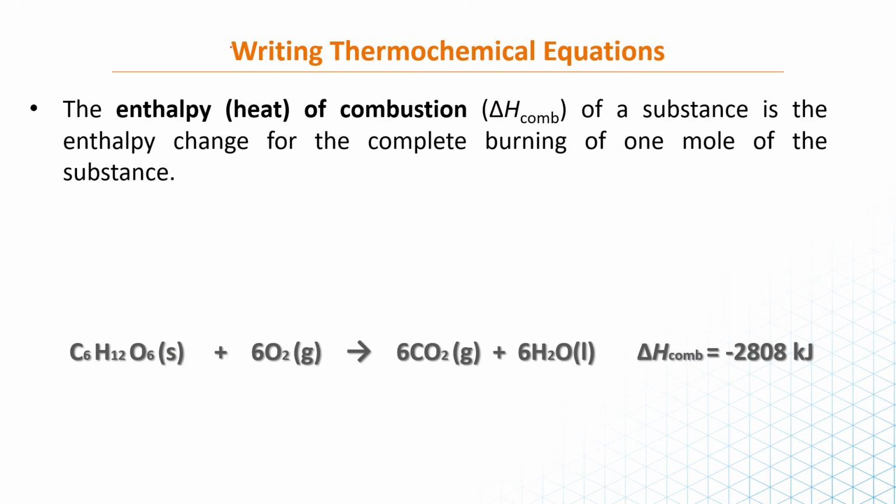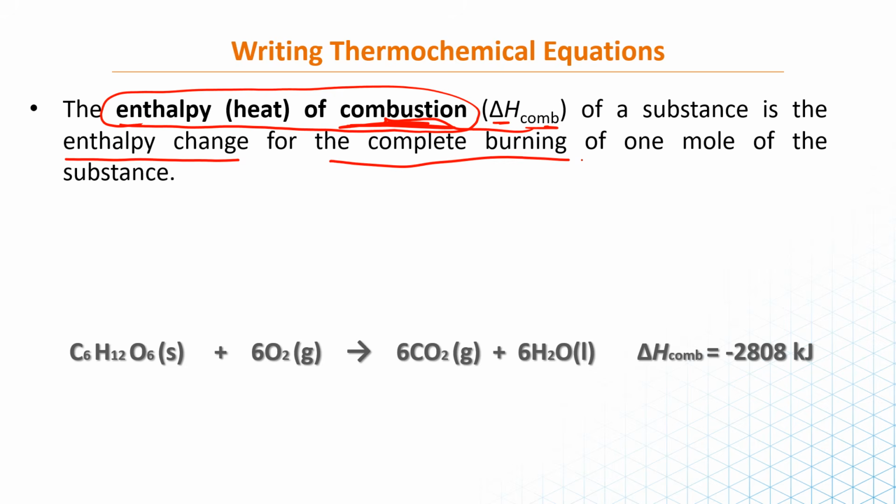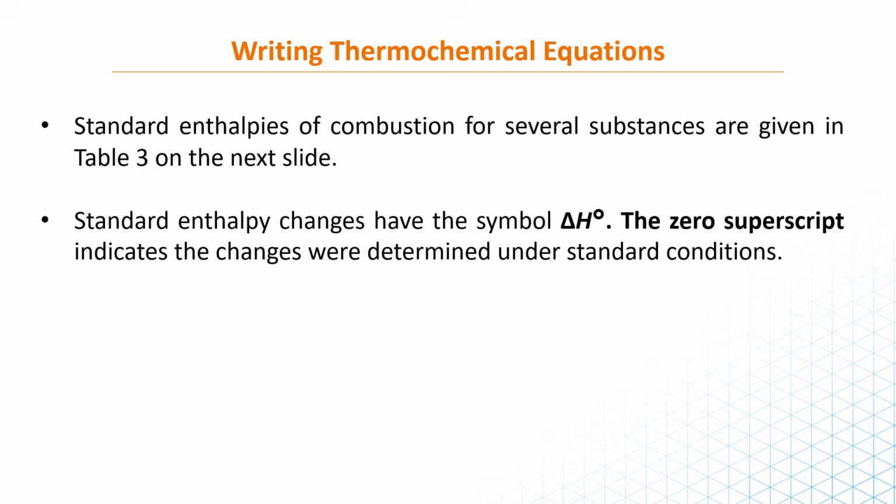All right. Now, we are going to focus on combustion reactions, تفاعلات الاحتراق, and we are going to learn about the enthalpy or heat of combustion. So, heat of combustion, or delta H comb from the word combustion, of a substance is the enthalpy change for the complete burning of 1 mole of substance. So, what does that mean?